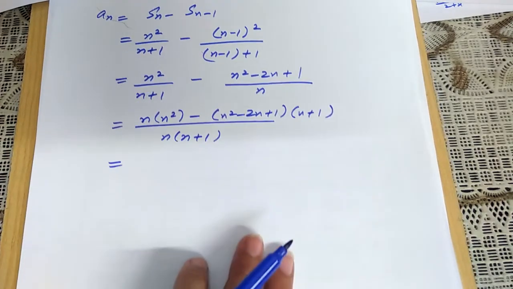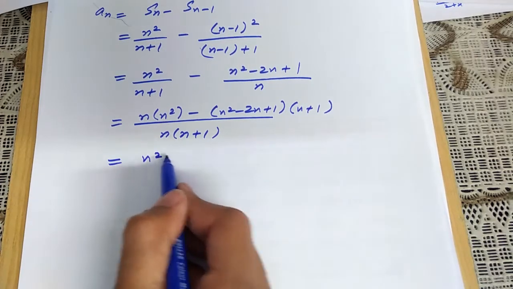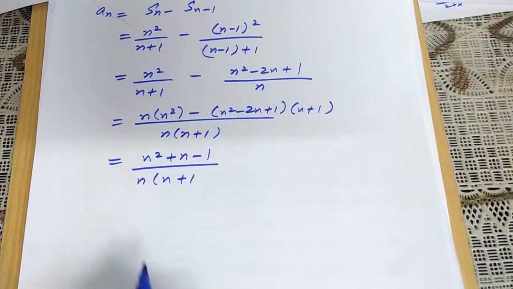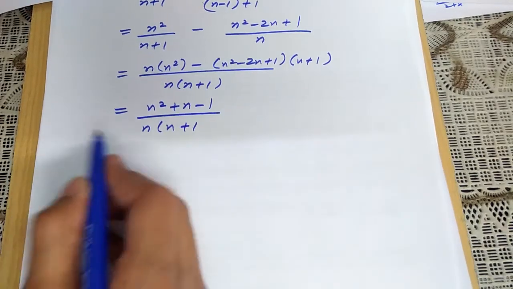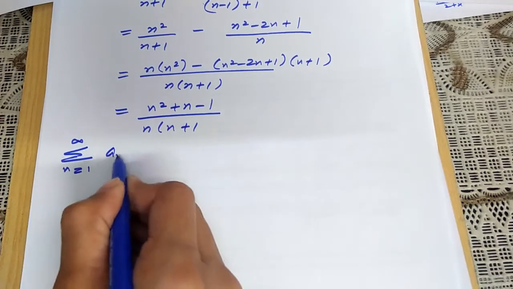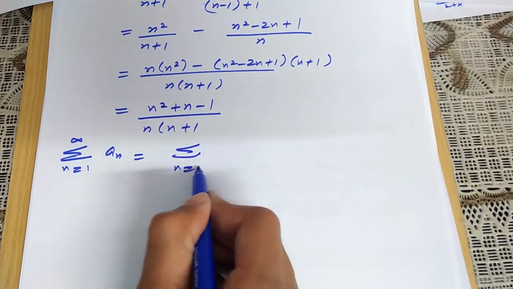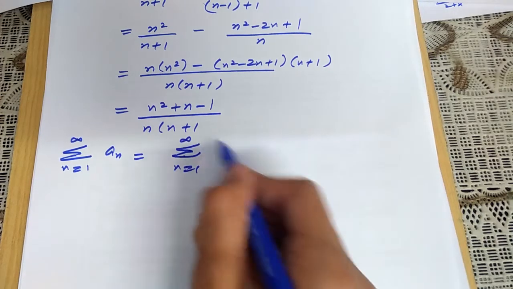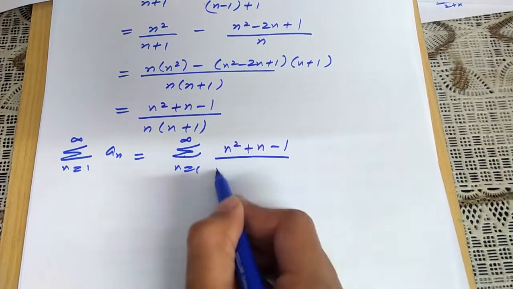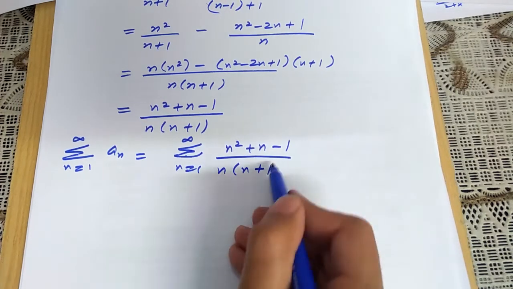After multiplication and simplifying, you will get n square plus n minus 1 over n into n plus 1. So your infinite series is the summation from n equals 1 to infinity of an, and what is your an? n square plus n minus 1 over n into n plus 1.